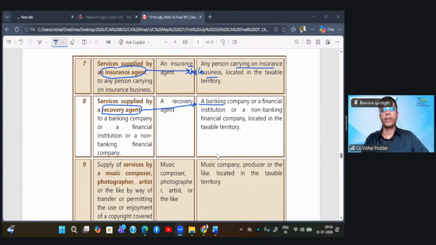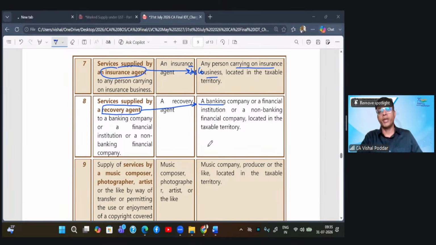See, Radha, please understand one thing. 194J TDS of income tax is very vast. It covers many components: royalty, director's fees, and also professional fees, which you and I get. Simply saying that 194J is always going to be covered under RCM may be incorrect.